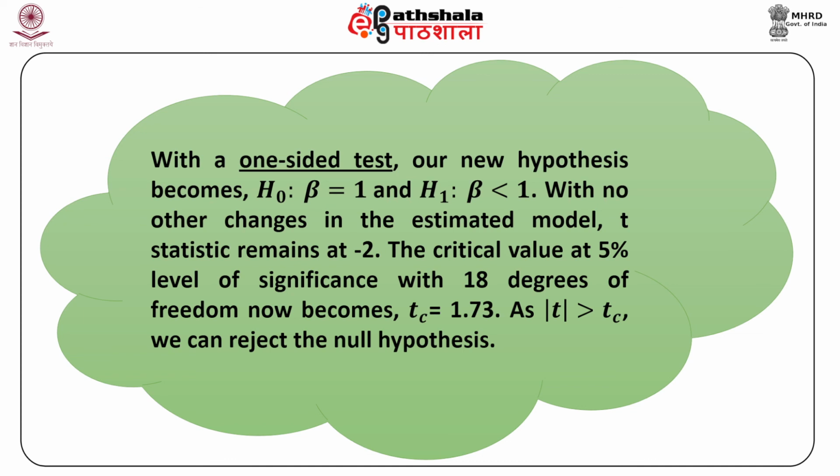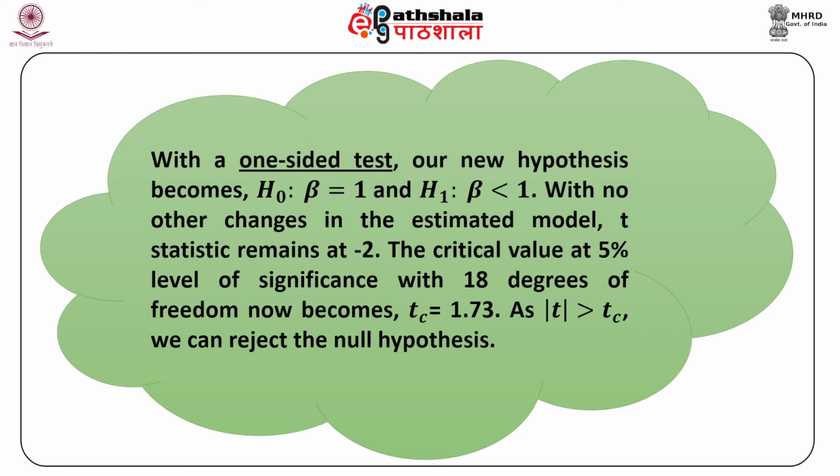But the critical value at 5% level of significance with 18 degrees of freedom now becomes Tc equal to 1.73. As you can see now, modulus T is greater than Tc, so we can reject the null hypothesis and conclude that the coefficient of wage inflation is less than 1. That is, the rate of price inflation is less than the rate of wage inflation.